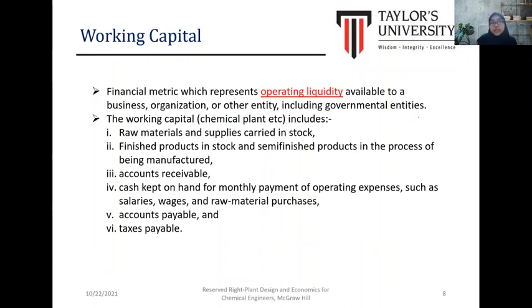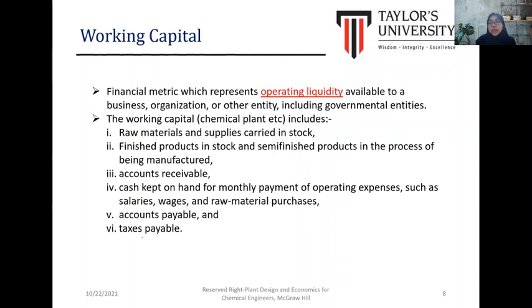governmental entities. Okay, the working capital examples for a chemical plant include the raw material and supply carrying stock, finished product in stock, and semi-finished product in the process of being manufactured, accounts receivable, including the supervision and the cost for the labor, so we consider these as working capital.